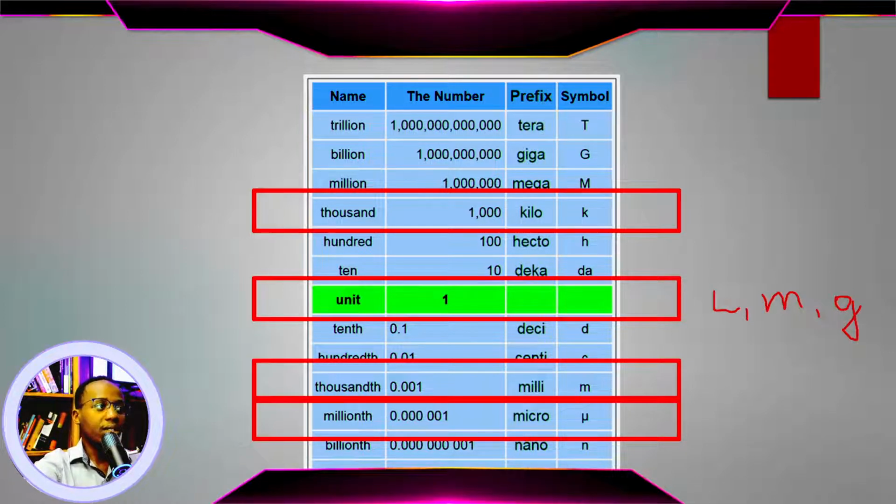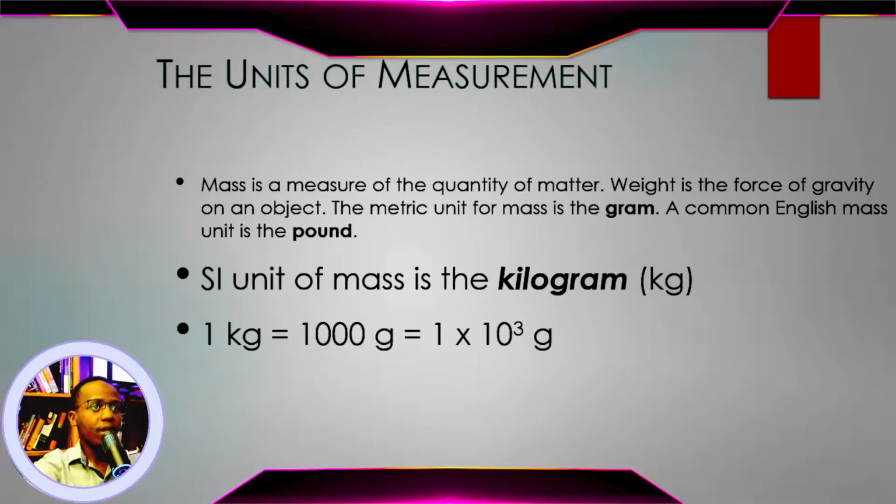All right, so let's look at individual symbols, and then let's look at what we use in science. Let's start with mass and weight. We have this international standard called SI.